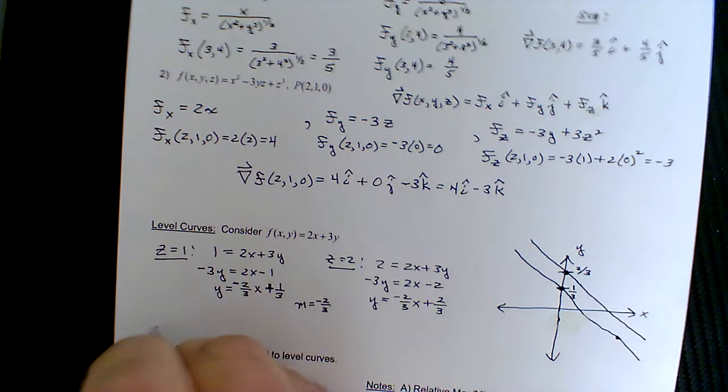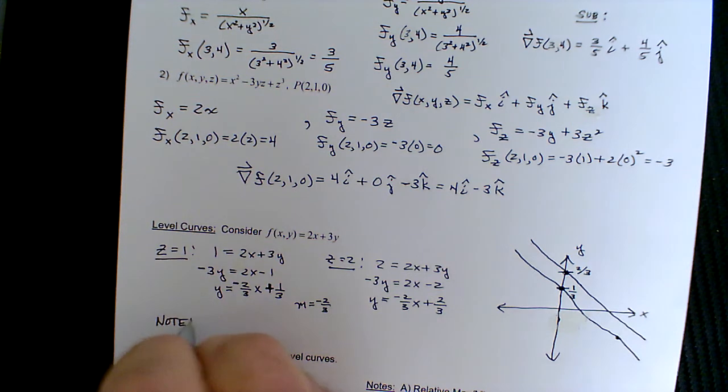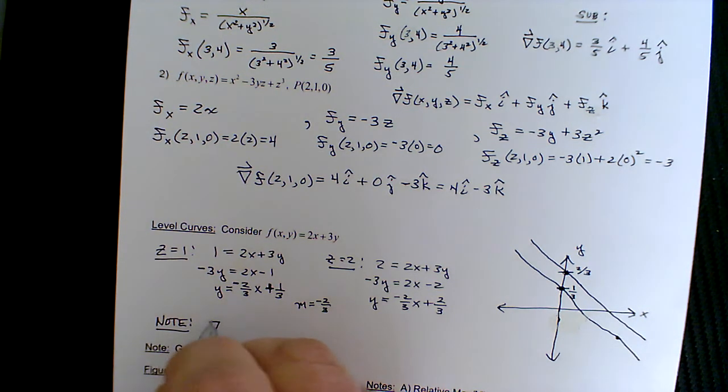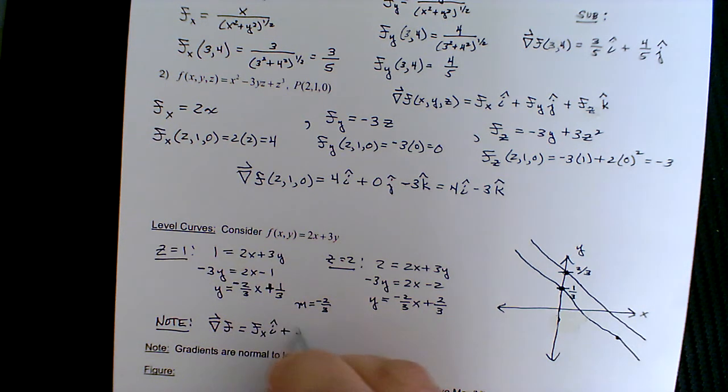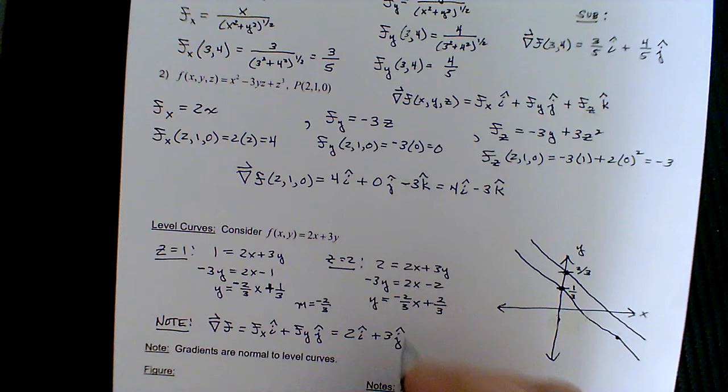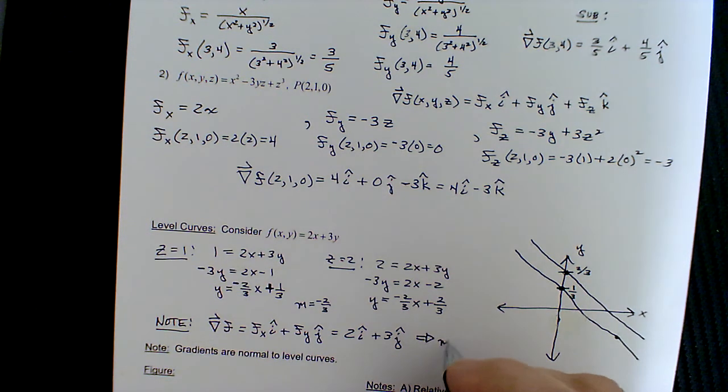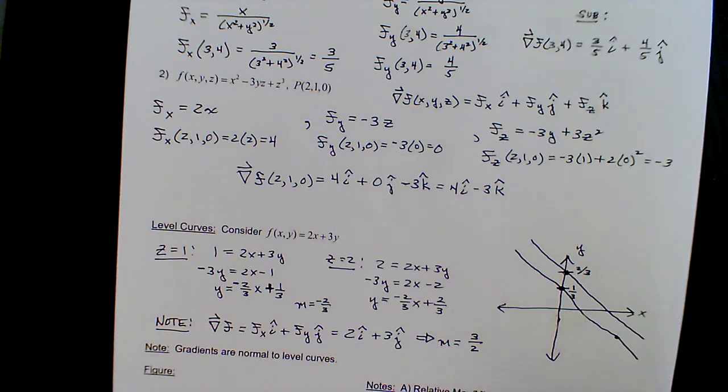And if we look at the gradient, remember it's f sub x i plus f sub y j. We can do that easily here. F sub x is 2, so 2i, and f sub y is 3, so plus 3j. The slope of this is 3/2, change in y over the change in x.